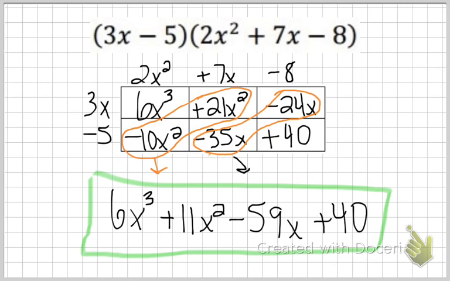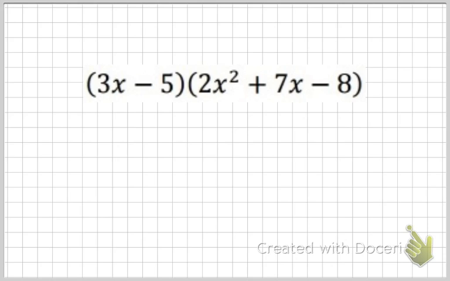Actually, I'm not done yet. Let me explain why the FOIL method wouldn't work with these here. So remember, FOIL stands for first, so we would multiply this. This would be our F. O stands for the two outer ones, so this outer times this outer. I stands for inner, so these two inner terms would multiply.